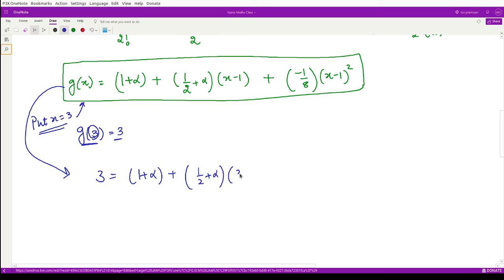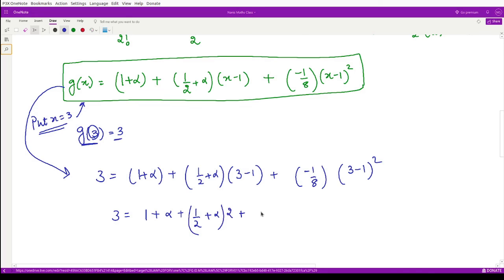So 3 equals 1 plus alpha, plus 1 by 2 plus alpha into (3 minus 1), plus minus 1 by 8 into (3 minus 1) whole square. From here we can evaluate the value of alpha. We have 1 plus alpha plus (1 by 2 plus alpha) into 2 plus minus 1 by 8 into 2 square, and 2 square is 4.